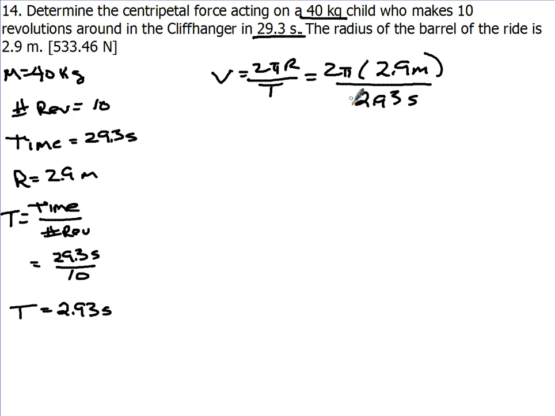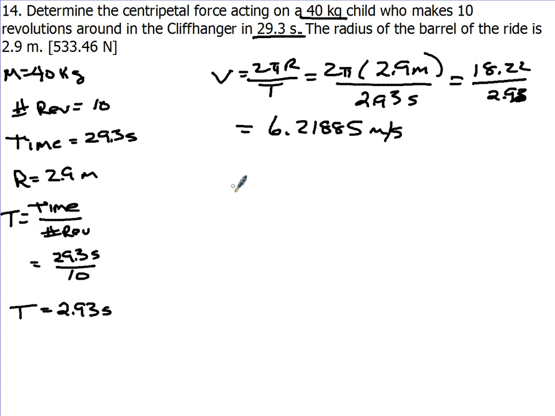All right, let's multiply this across. 2 times pi times 2.9 is 18.22, divided by 2.93 seconds gives me a speed of 6.21885 meters per second. Now this is too many sig figs, but whenever you're doing intermediate steps, go on and carry everything along. Don't round.